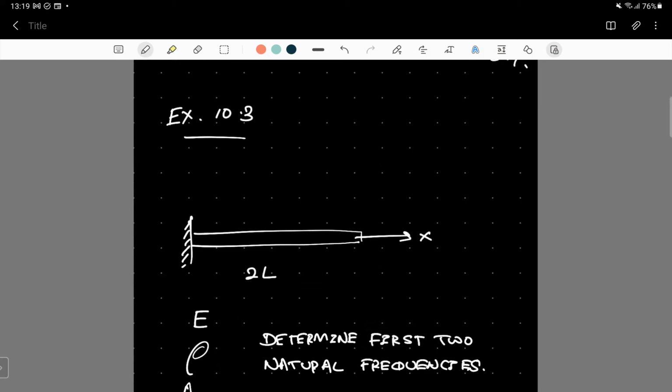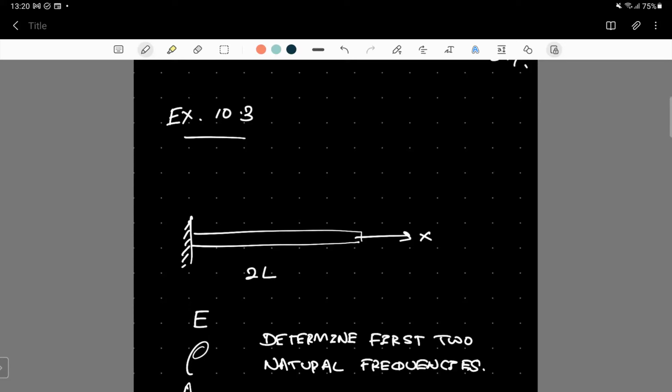But for longhand calculations, it is quite tedious to use the consistent mass matrix, because the consistent mass matrix is a full symmetric matrix, whereas the lump mass matrix has non-zero terms only along the main diagonal, which makes it easy and convenient for hand calculation.